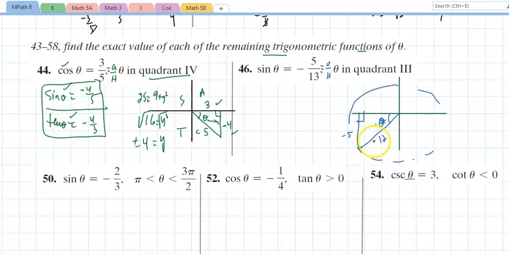Well, again, if you're not familiar with this, you could work it out and say 12 squared equals x squared plus a negative 5 squared. If you know what that is, you could write it automatically. There are a few triangles that you memorize from geometry, and x squared would be, if you take 25 out, what is that?